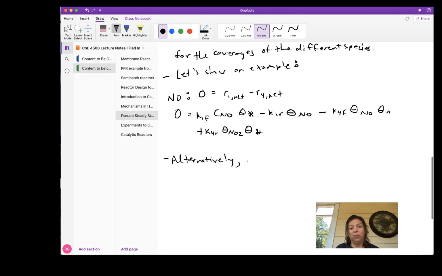Of course, once we start making assumptions, we tend to decrease the robustness of the model, because for the model to work, it means the assumptions have to be true. So the fewer assumptions you have to make, the better. But we can make assumptions about the relative coverages.